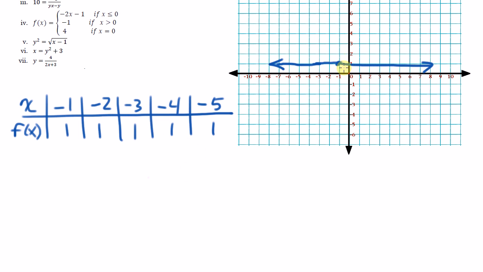So it passes the vertical line test because for every x value, you get one y value. See? And it doesn't pass the horizontal line test. I get my terminology mixed up.